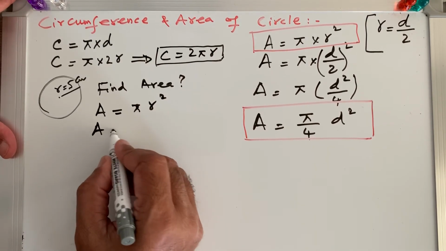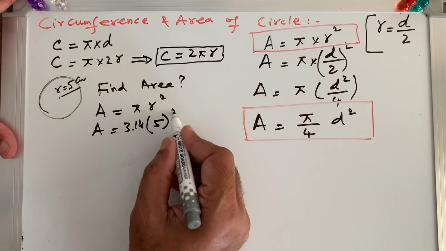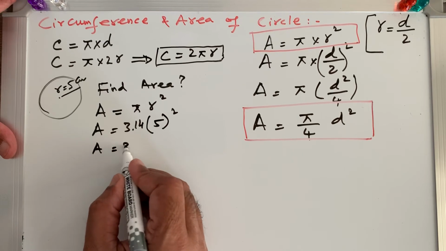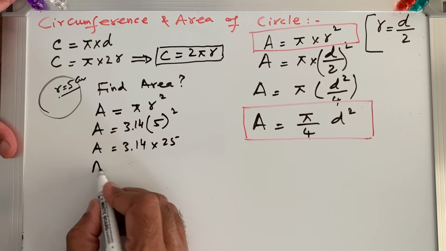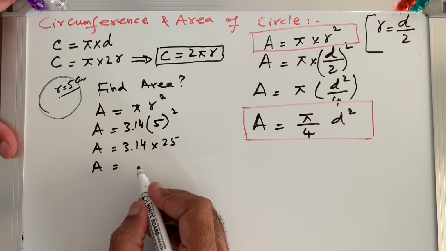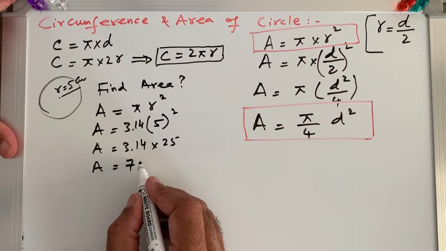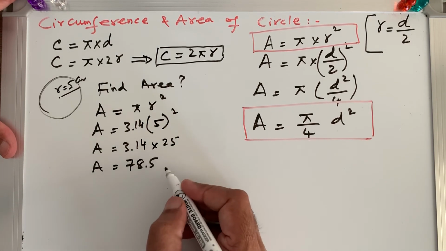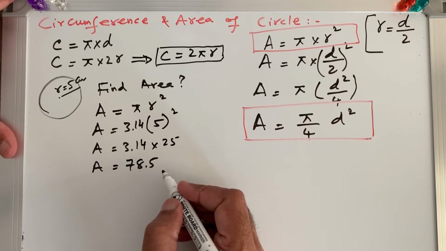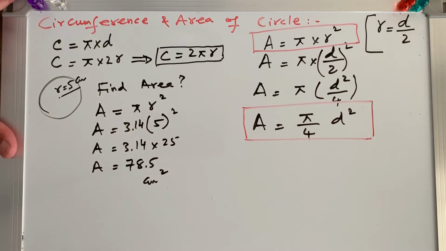So area is equal to 3.14 times 5 square. So area is equal to 3.14 times 25. And when I calculate the multiplication, that gives me 78.54, right? So up to 1 decimal place is 78.5. This is my area, and area is always centimeter square, right?